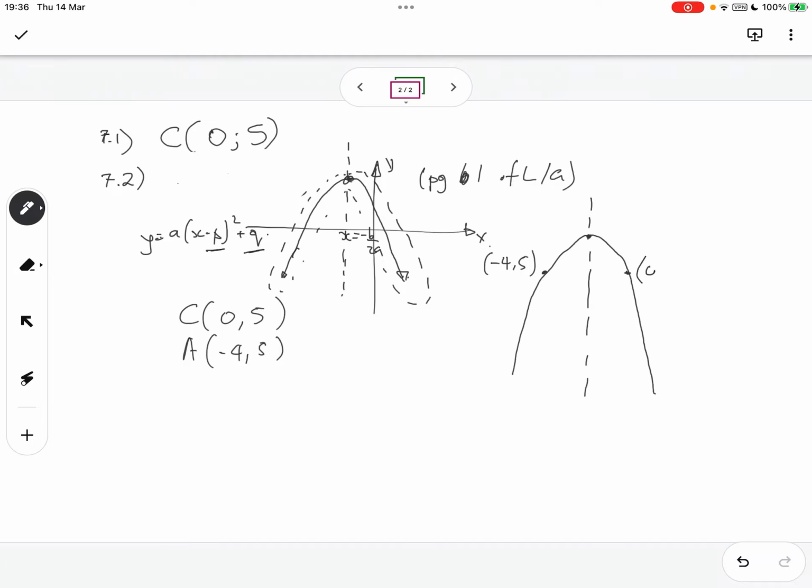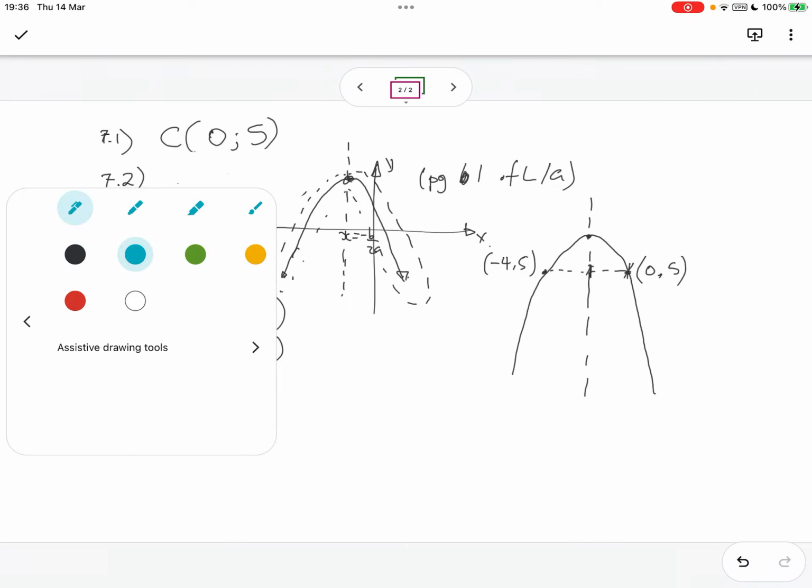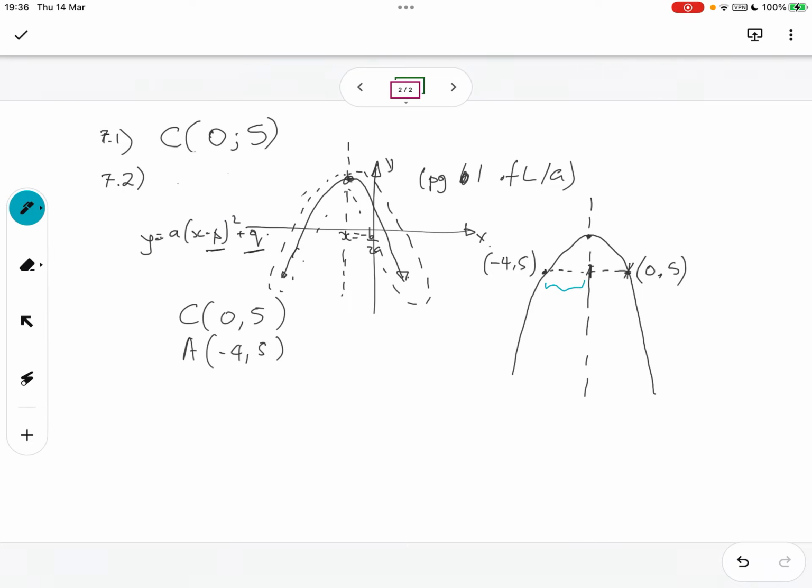So what that means is that this distance, this space here, its length, equals the same as the length there.